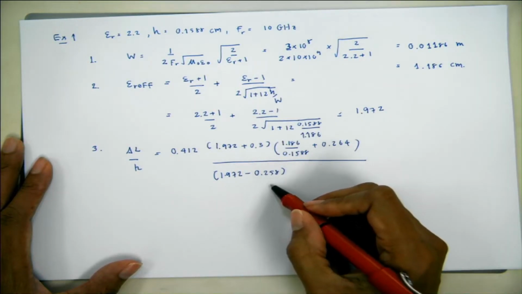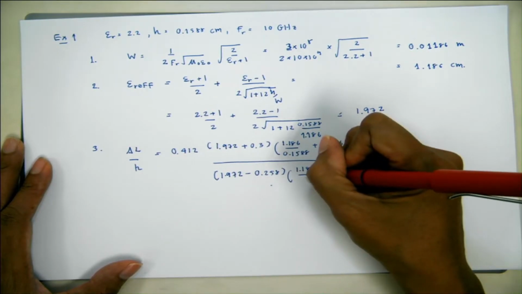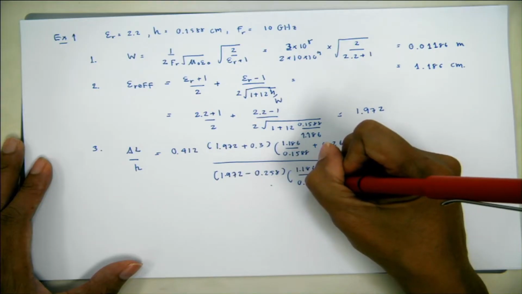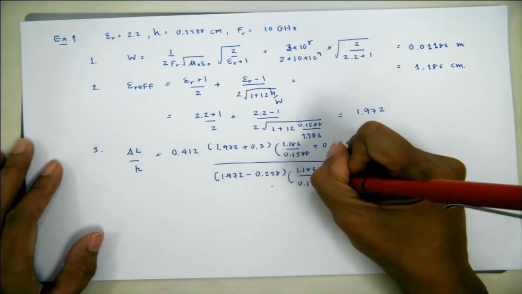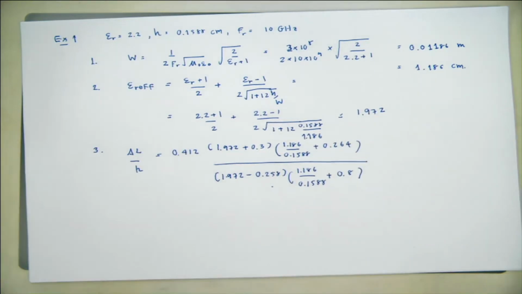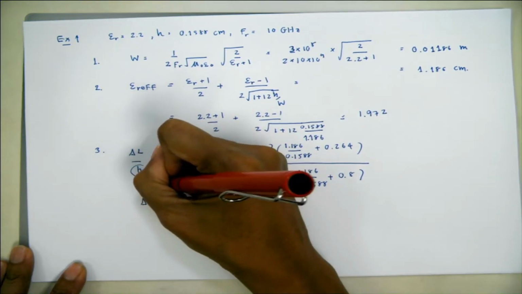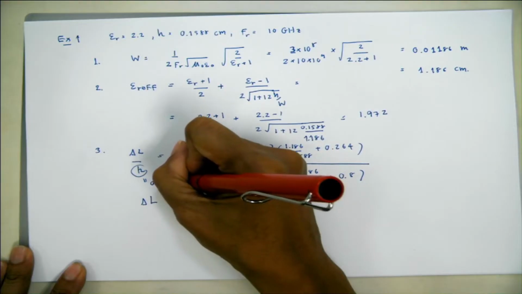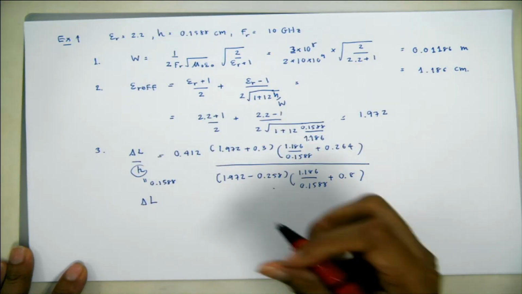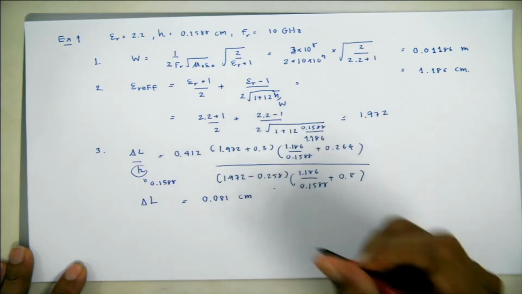This is 1.1, and then W over H, 1.186 over 0.1588 plus 0.8. And then you have delta L, which is 0.1588 centimeters. You have delta L of 0.081 centimeter.